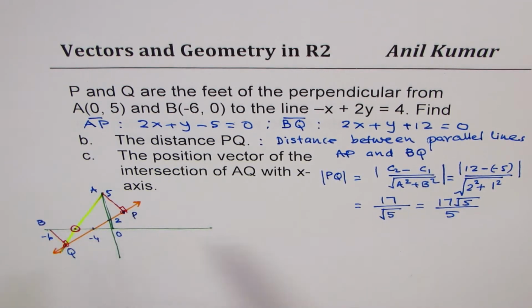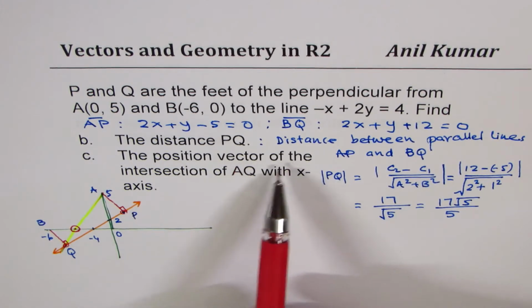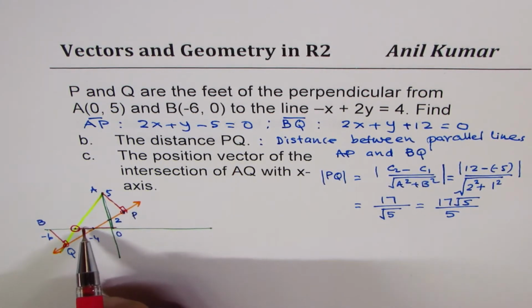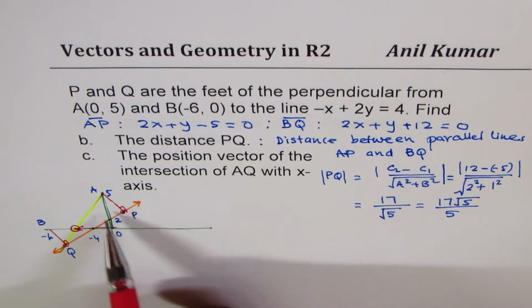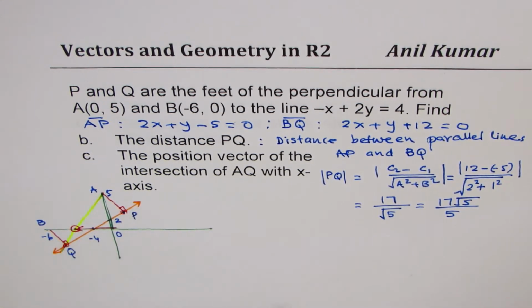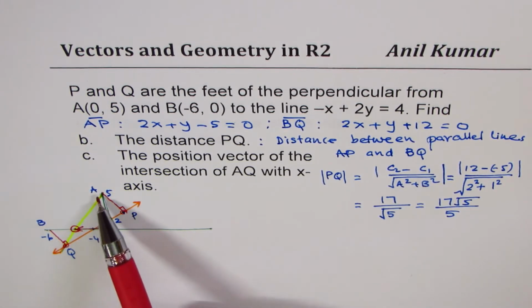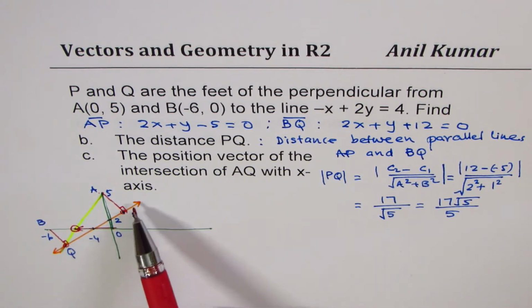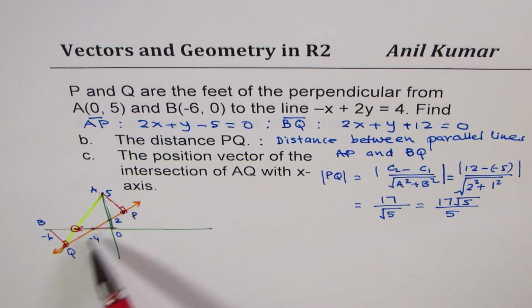Do you understand? It says position vector of the intersection of AQ, that means this vector, of AQ with the x-axis, that point we want, right? So that is what we will do. Basically now we will find the equation of line AQ and find intersection with the x-axis.